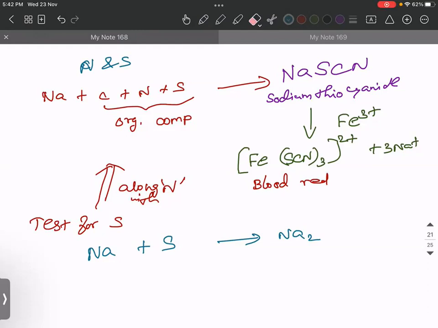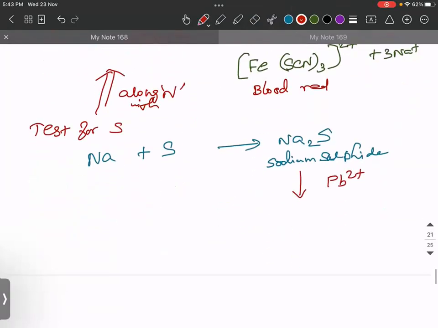So once it forms the sodium sulfide, this is called sodium sulfide. When you treat this sodium sulfide with lead acetate, Pb(CH3COO)2, this is called lead acetate.